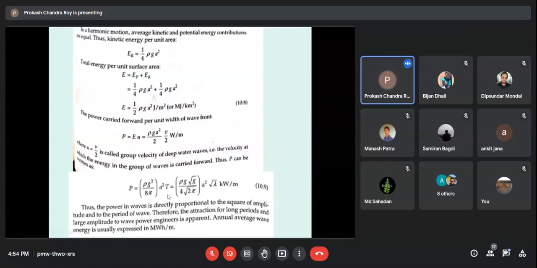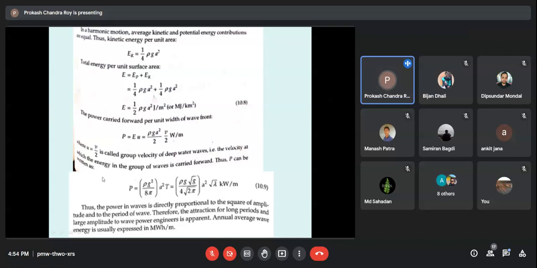So here you have the density, you have the amplitude, you have the power. Based on a particular location, when you can estimate the amplitude as well as the period of the wave, in that case you can estimate the power potential.